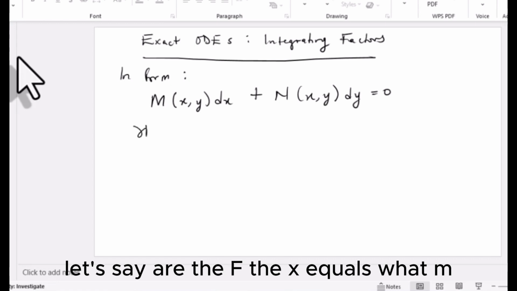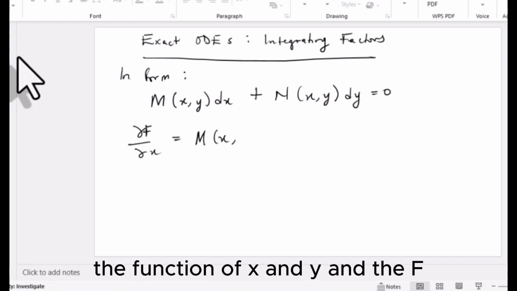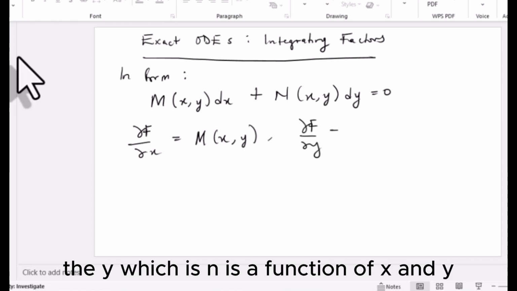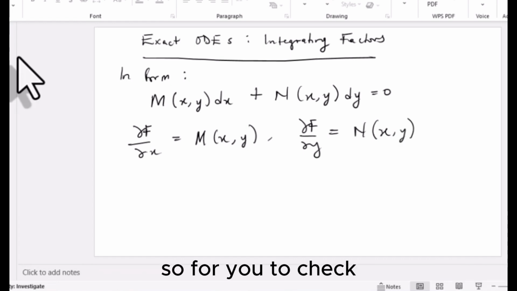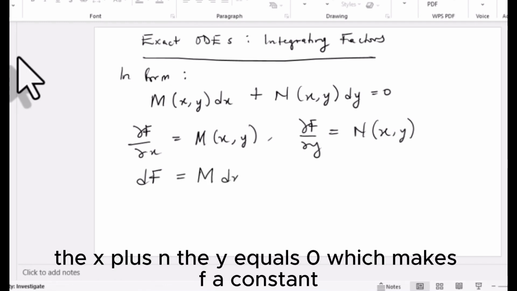Let's say the ∂f/∂x equals M, the function of x and y, and the ∂f/∂y is N, a function of x and y. So the f equals what? M dx plus N dy equals 0, which makes f a constant.